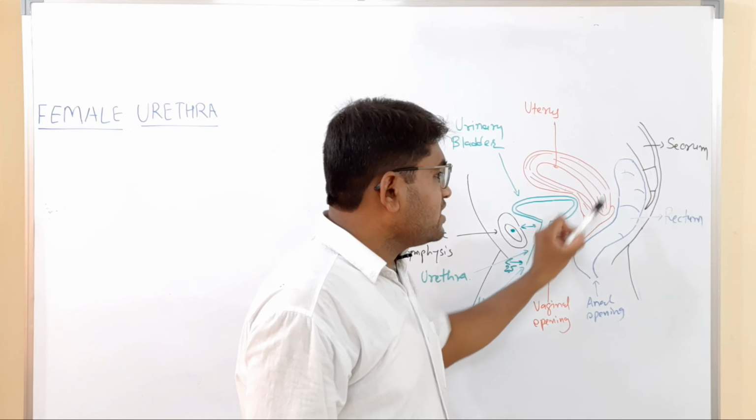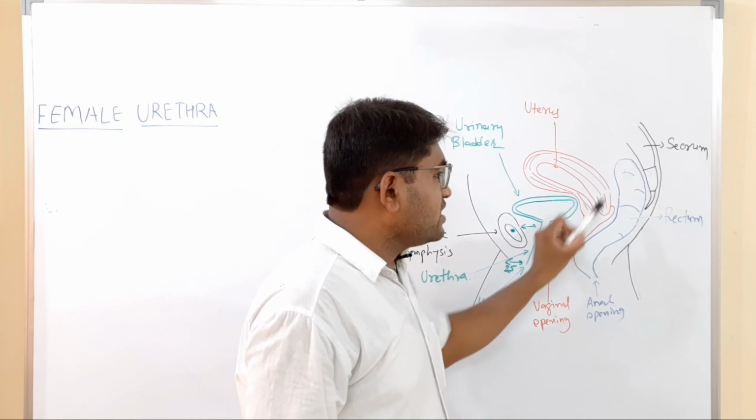Okay, let me discuss the theoretical part of the female urethra. The urethra is about 4 cm long and 6 mm in diameter. It starts at the internal urethral orifice and opens as the external urethral orifice in the vulval area, between the labia minora.